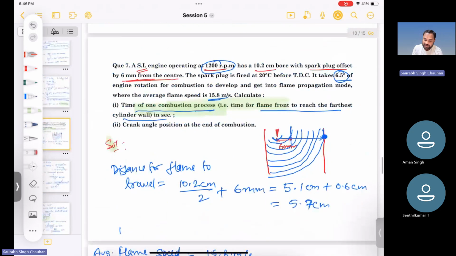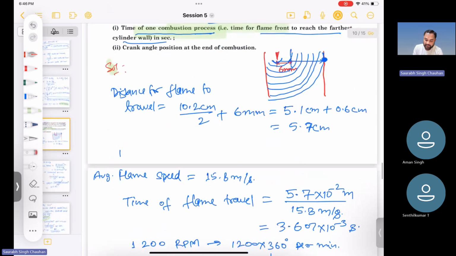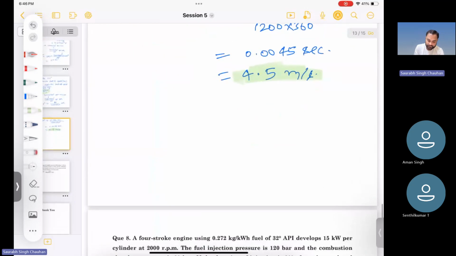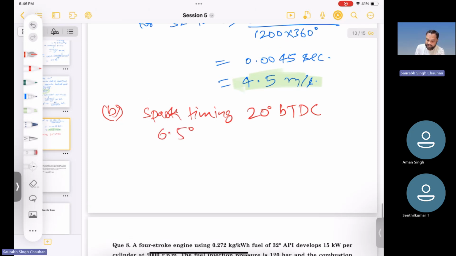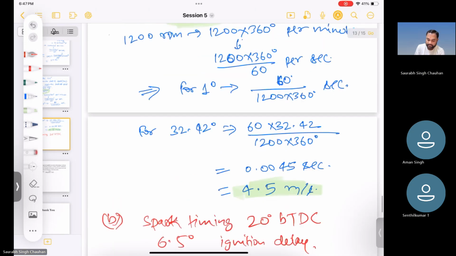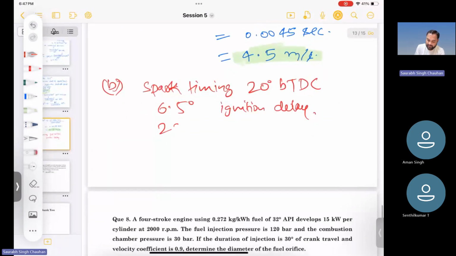So it is started at 20 degrees before the top dead center, right? So the spark timing is 20 degrees BTDC, before top dead center. 6.5 degrees is the ignition delay, and 25.92 degrees is the flame travel time, right?